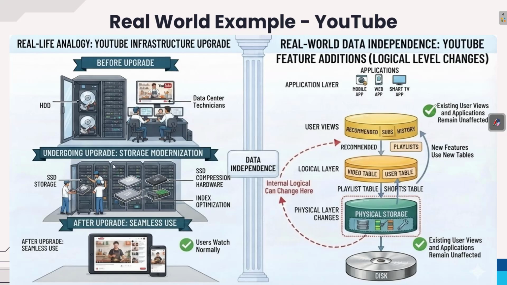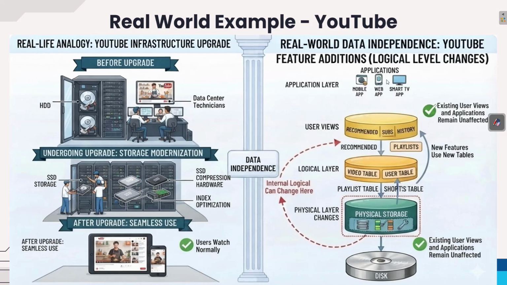This is physical data independence. After the upgrade, the change is seamless: users view YouTube videos in the normal way, as before the changes. Users can't tell whether there were changes or not. So this is the example of physical data independence.